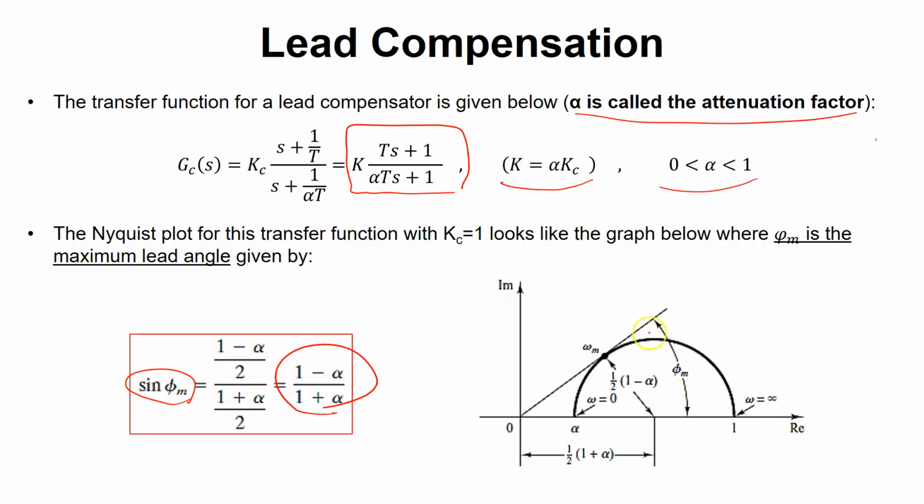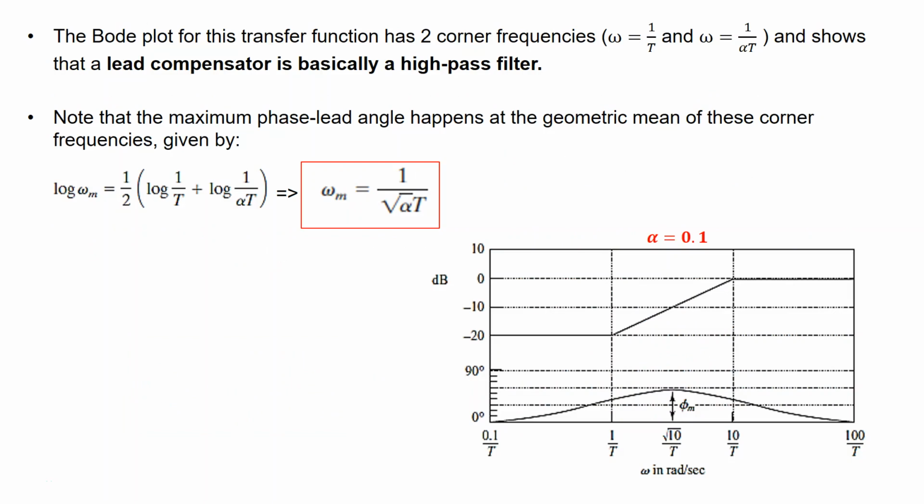Now, it might be a little hard to see it in this Nyquist plot, but if I show you the Bode plot, that's where you can see that phi m much better, and that's why we prefer Bode plot. So this is the Bode plot of a lead compensator. If you look at the phase plot, you see at low frequencies and high frequencies, it does not contribute anything to the phase of the total system.